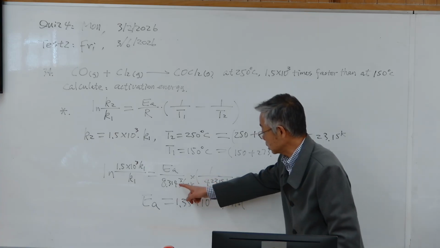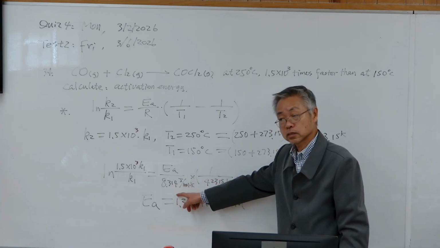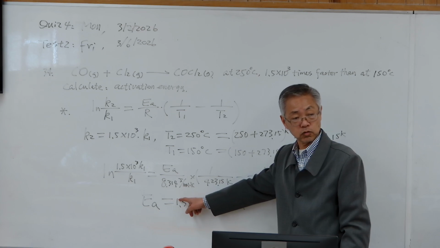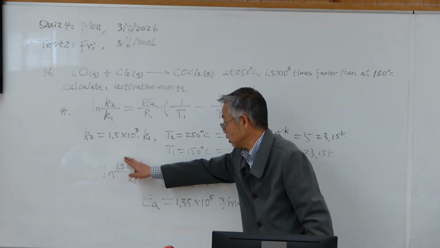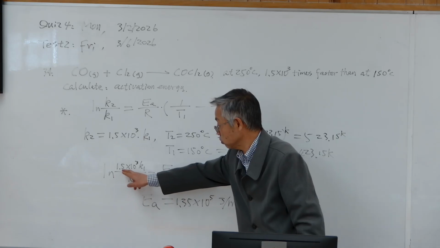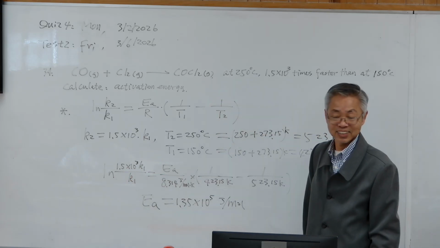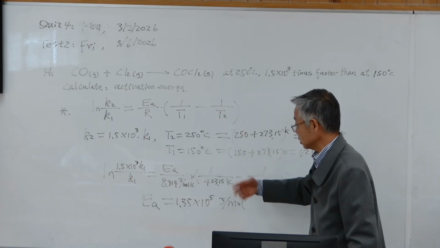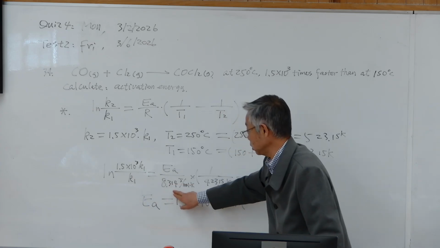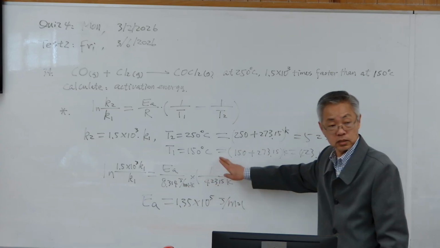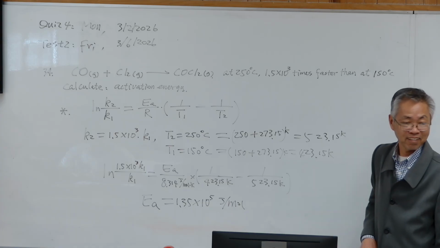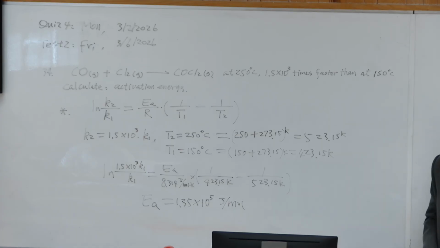Then divide this by 8.314 and you get an answer. Then use the calculator, take the natural log of 1,500. This number times 8.314, then divided by this number in the parentheses. Anyway, this is pure math.